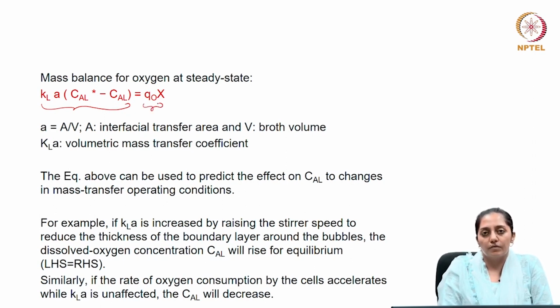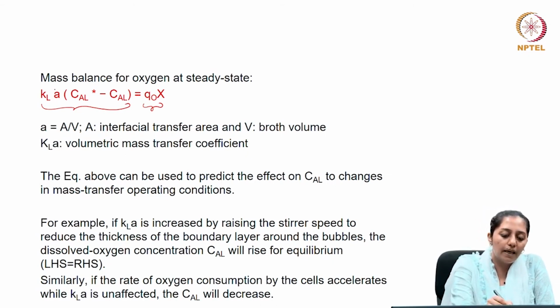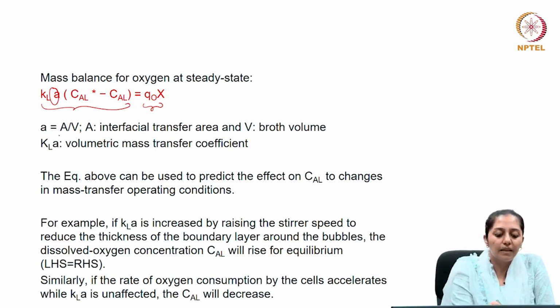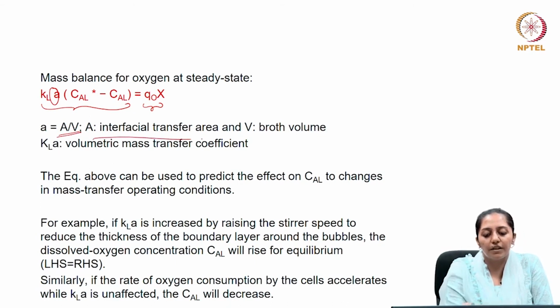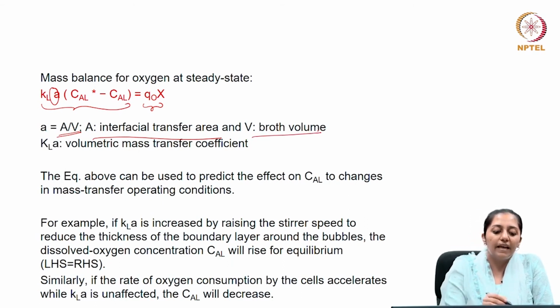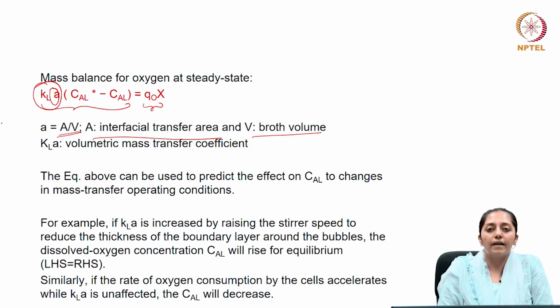The left hand side is q naught X. This is the oxygen uptake rate, where small q naught stands for the specific oxygen demand of the culture, and X is the biomass concentration. Now, the small a is given as A by V, where A is the interfacial transfer area and V is the broth volume, and KLa together as a constant is called the volumetric mass transfer coefficient.